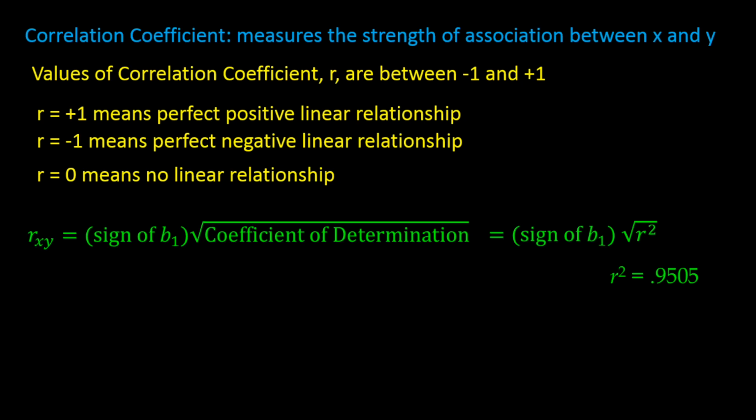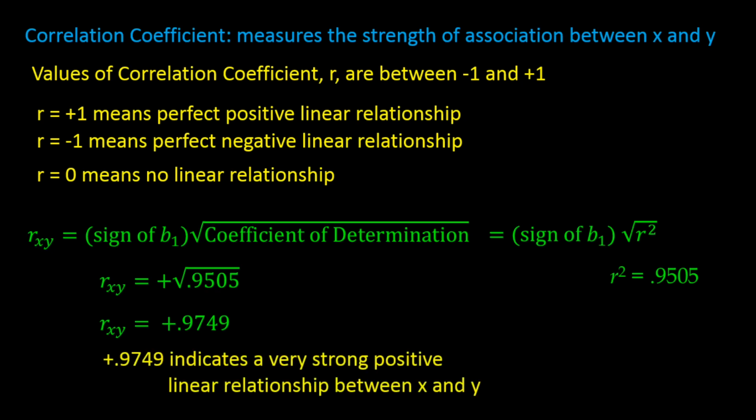So we use that positive sign, and we get r is equal to the positive square root of 0.9505, and that is 0.9749. Now remember, we said that a +1 would be a perfect positive linear relationship, which is very rare. So positive 0.9749 would indicate a very strong positive linear relationship between x and y.